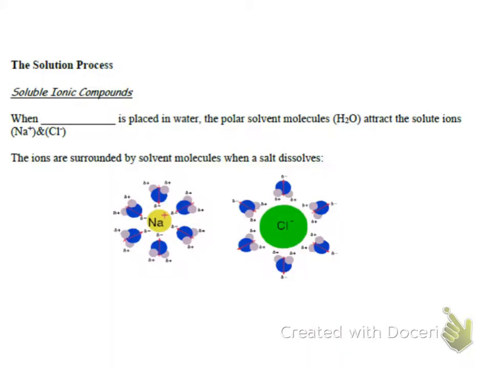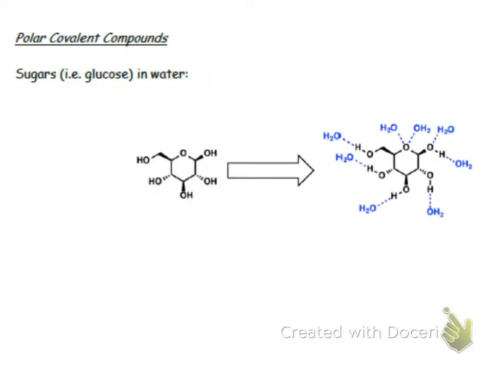What happens in solution, again, sodium chloride placed in water, as it dissolves, the ions are surrounded by water. What happens when a polar covalent compound dissolves? So the best example of this is sugar, and this is glucose, but any sugar will do this.